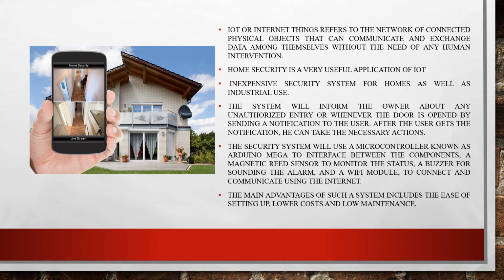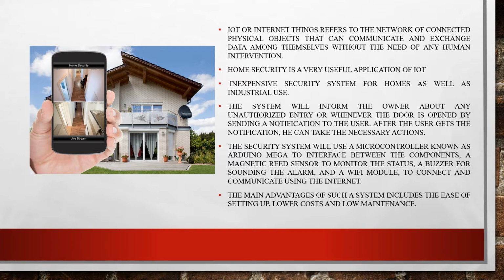All these are connected to the microcontroller, which is connected to the output side that consists of buzzers or alarm, the Wi-Fi module or IoT module, which consists of GSM and Android application, and then LED and also the camera.